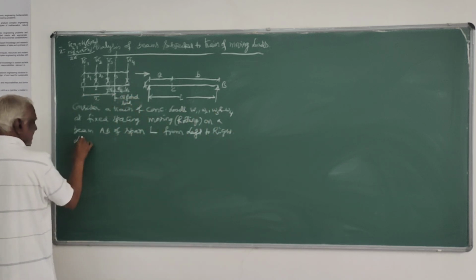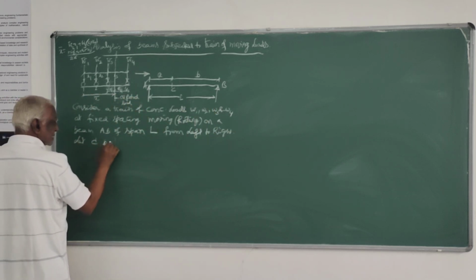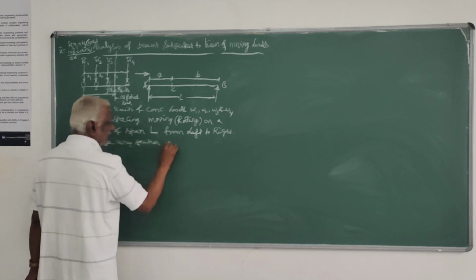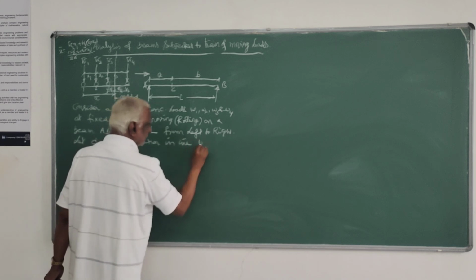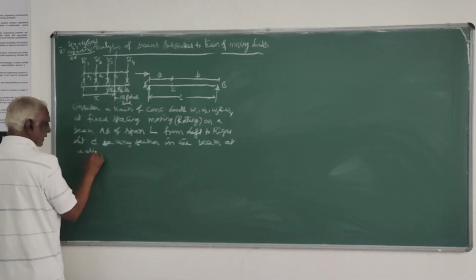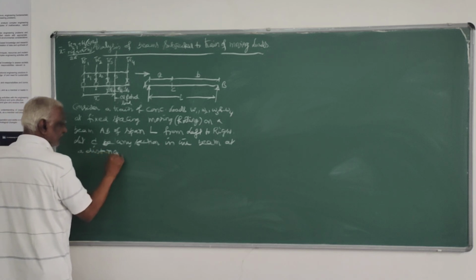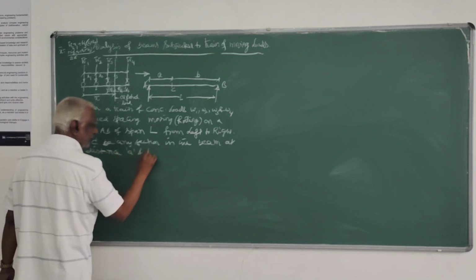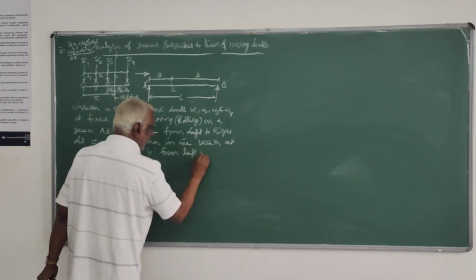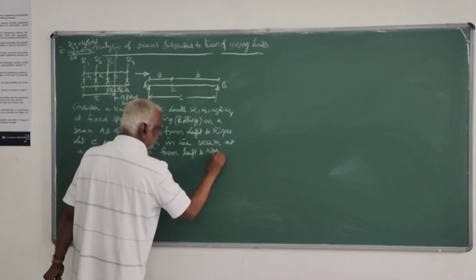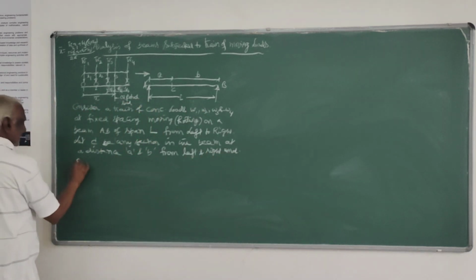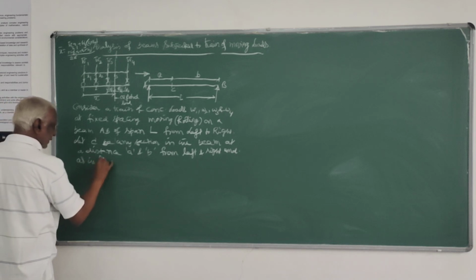Let C be any section in the beam at a distance A and B from left and right end respectively, as in figure.